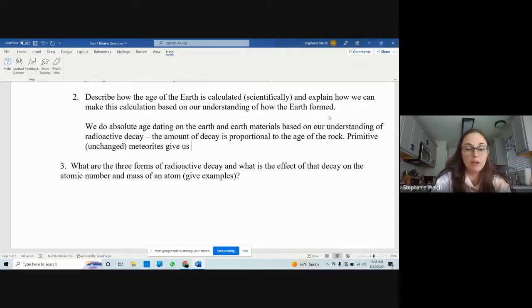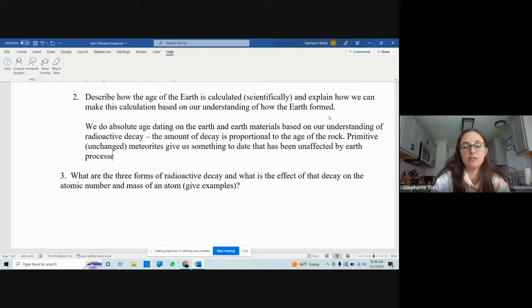So primitive meteorites give us something to date that has been unaffected by Earth processes like erosion, deposition, volcanic activity, rock cycle processes.